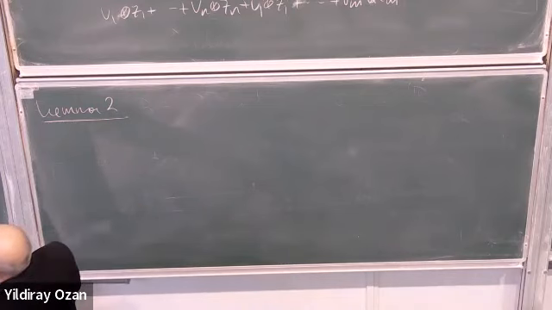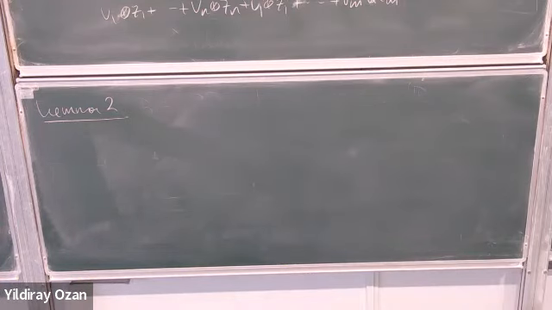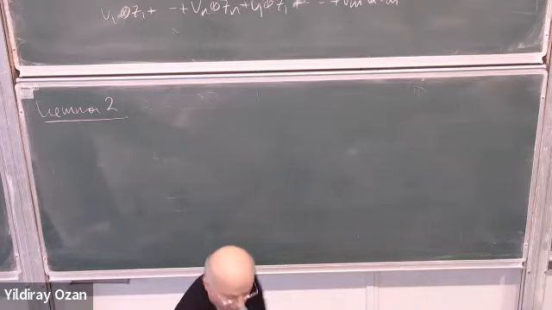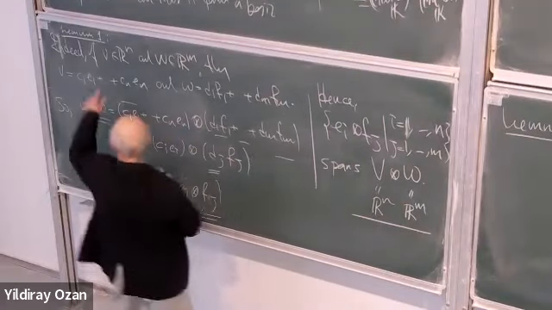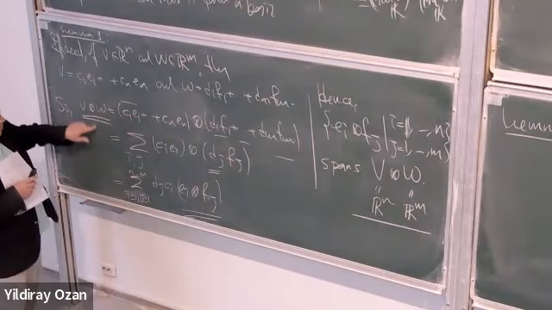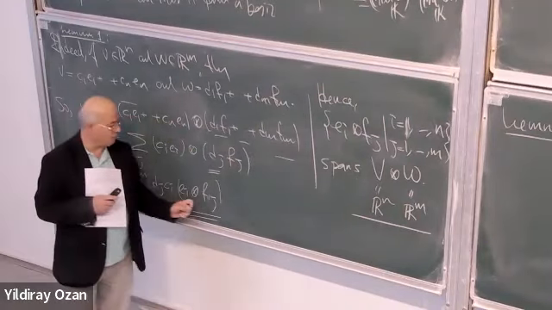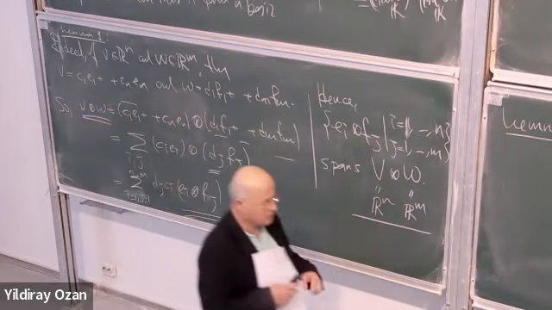You may consider this as Lemma 1: if I have bases of R^n and R^m, then these elements form a spanning set. So Lemma 1 is just this fact that these elements form a spanning set.